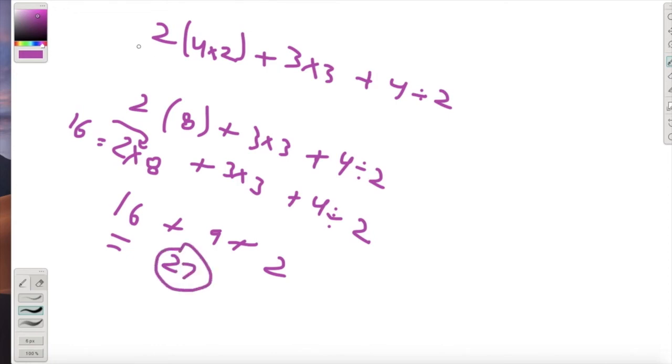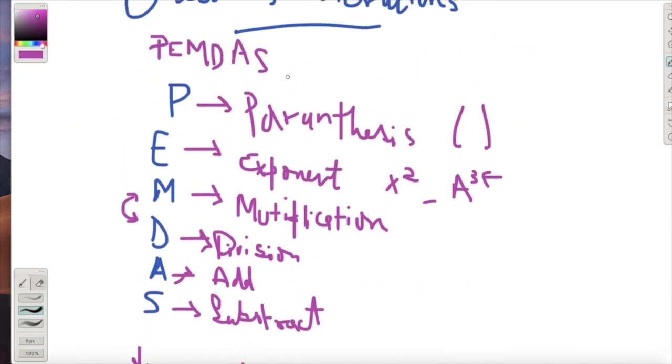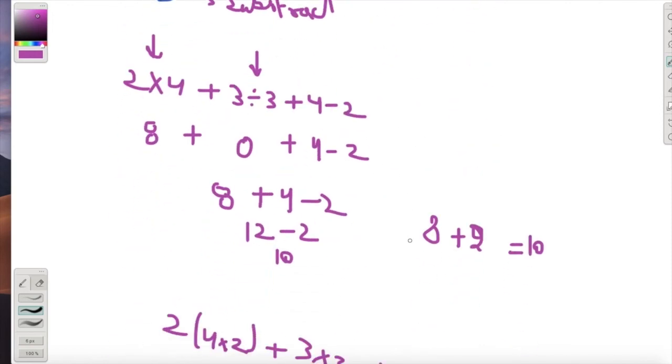So after solving this order of operations, we figured out that our answer is 27. I hope you liked the video, and as I said, this is your key to understand the order of operations, PEMDAS. You can just remember PEMDAS or whatever way you want to remember it. But yes, parenthesis goes first, then exponent, then multiplication.